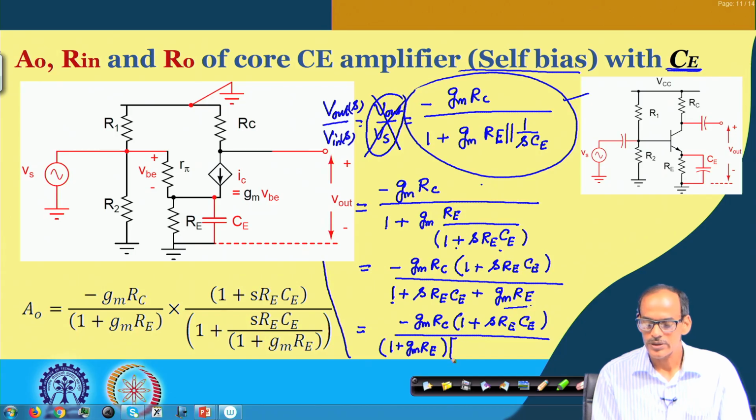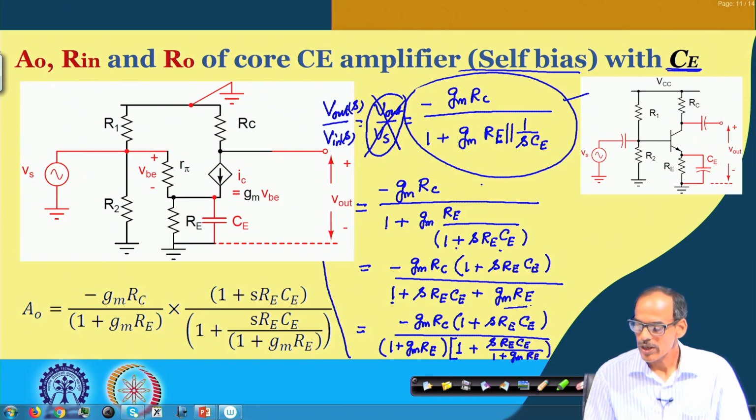Then if we take this factor out, we have 1 plus S into Re Ce divided by 1 plus Gm into Re.